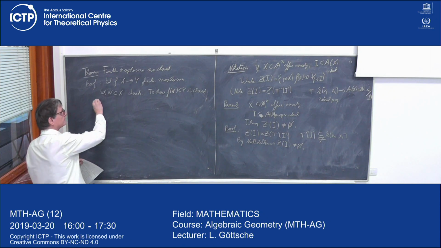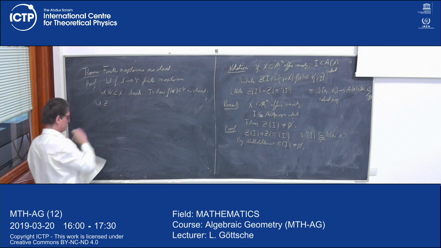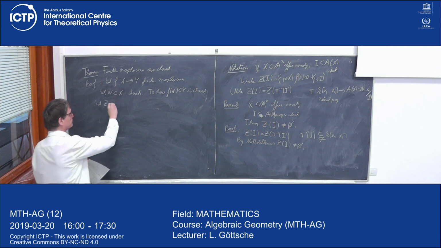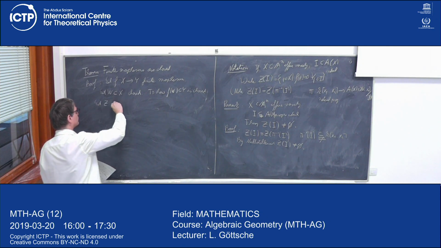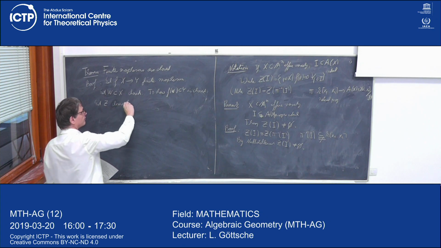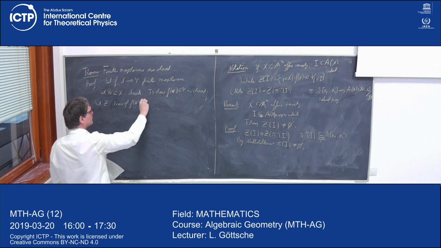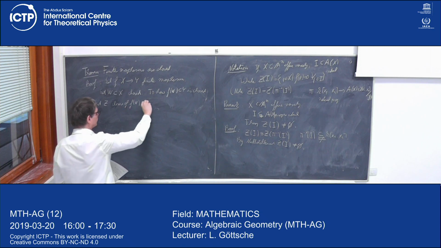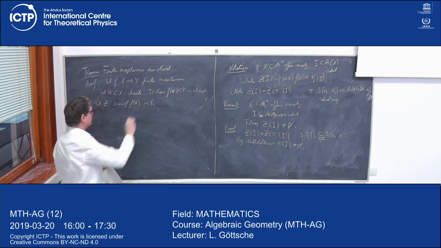Okay, so that's what we have to do. So let Z be the closure of f(W) in Y. So we can take this closure.